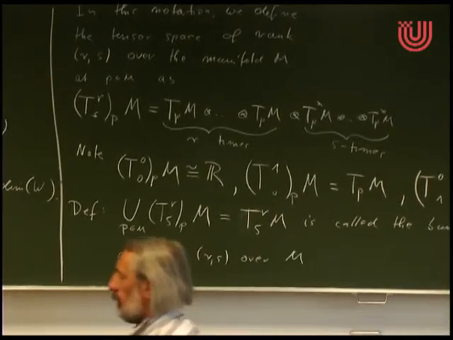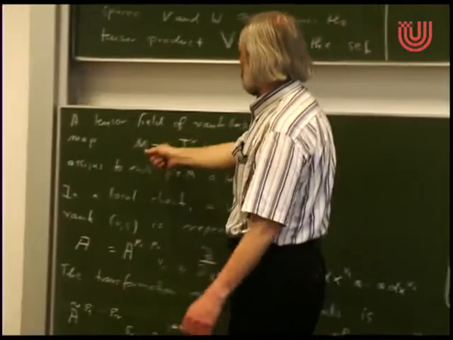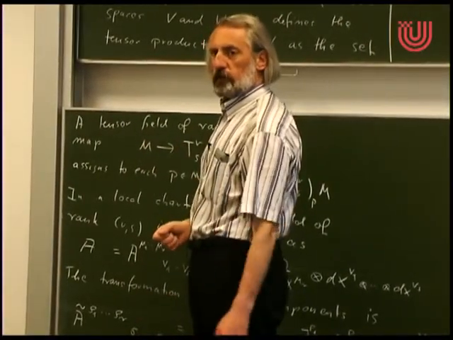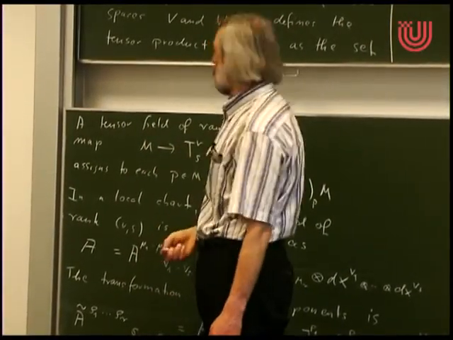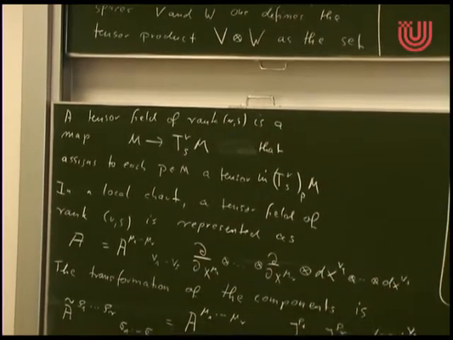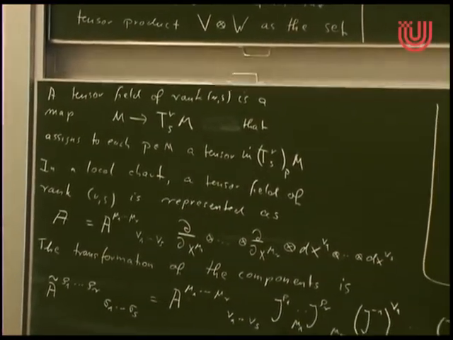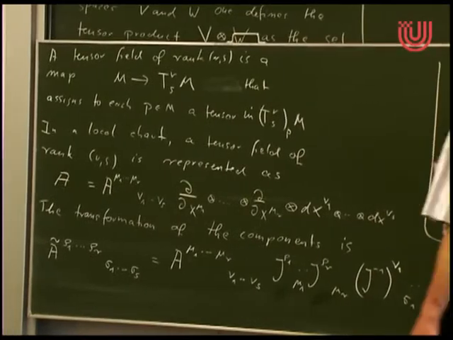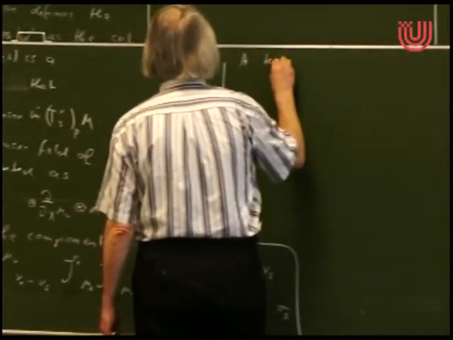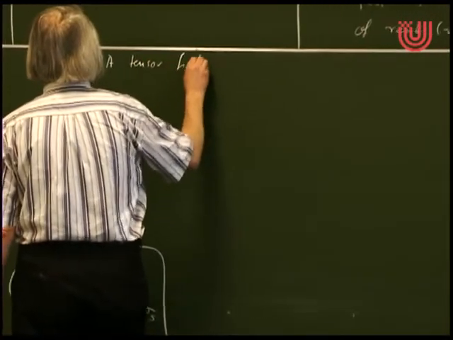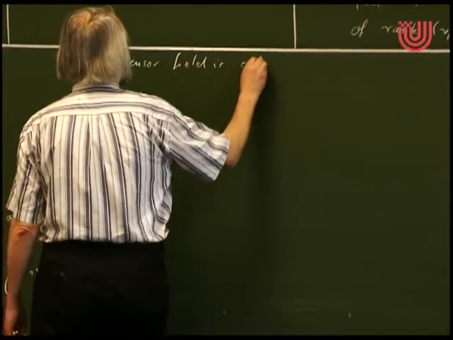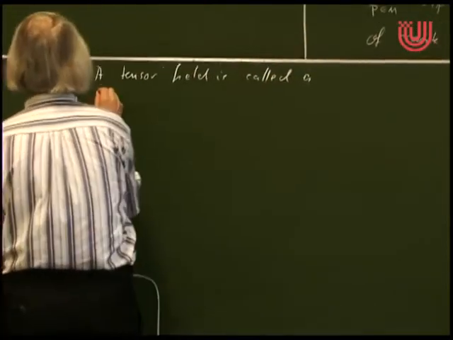And then you could say, then you know what it means that the map from M into this manifold is differentiable. We have already defined it. So the two definitions actually coincide. So I write the simpler one. The simpler one is a tensor field is called a C-infinity tensor field.